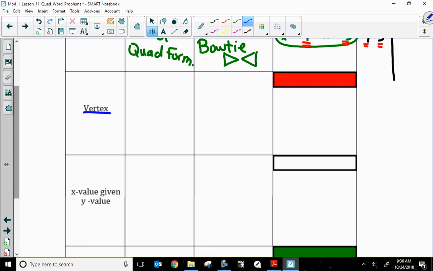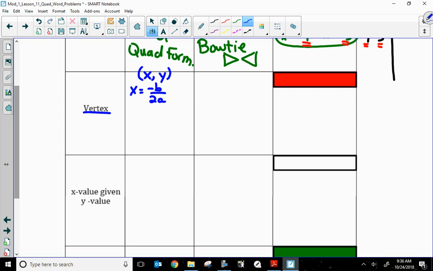Vertex. All right. First of all, the vertex is a coordinate. You need an x and a y. It is a coordinate. And we are going to solve for the x and y individually, one at a time. In order to find my x, I just take negative b and put it over 2a. That is my x.